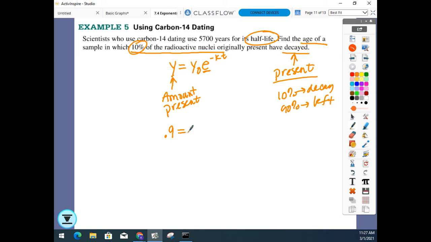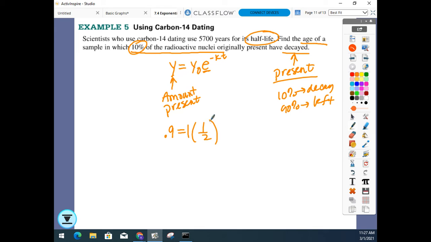On this side, we start with 1/2, because if we're talking in terms of percent, it's like we're starting with a whole. This is one whole, and I'm going to be left with 90% of this one whole.